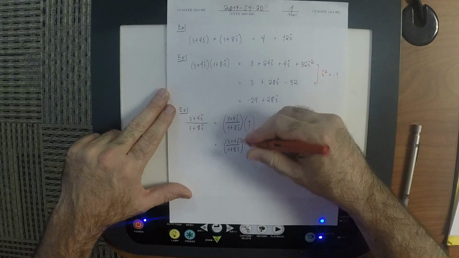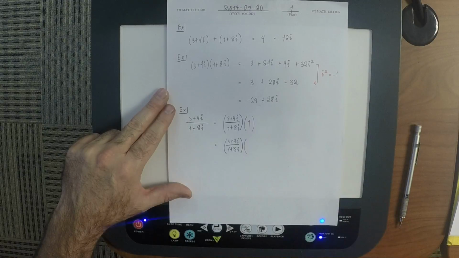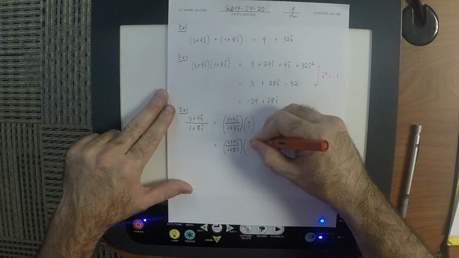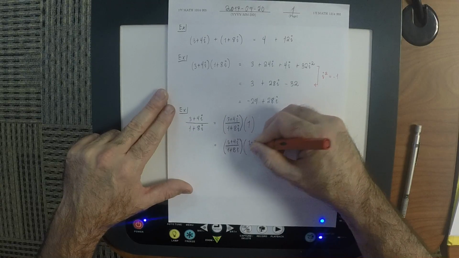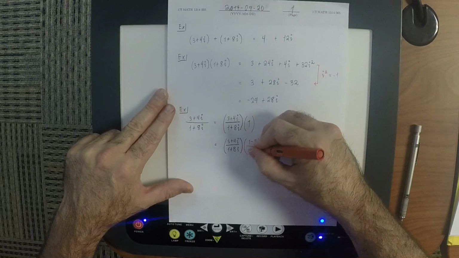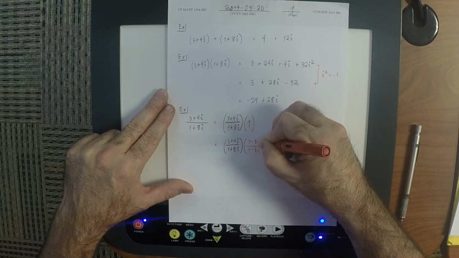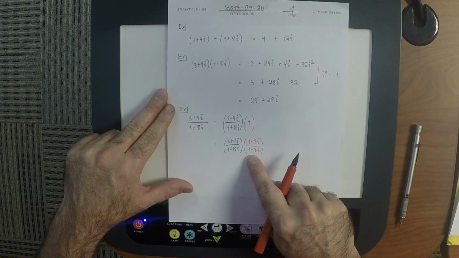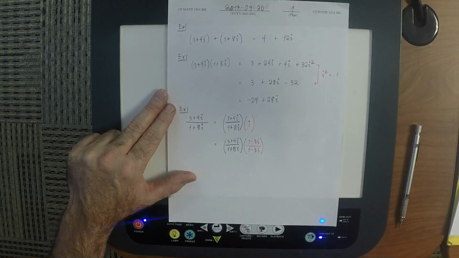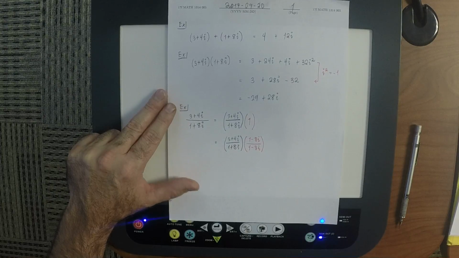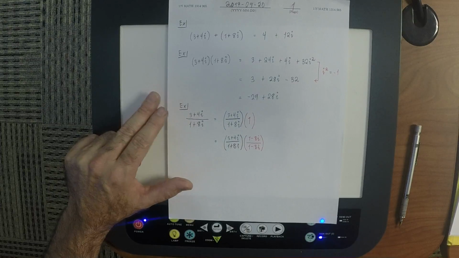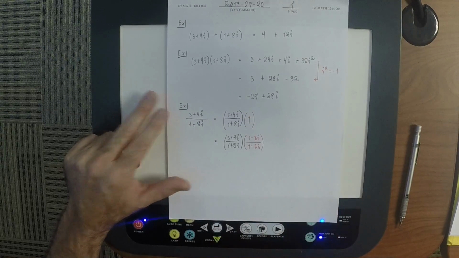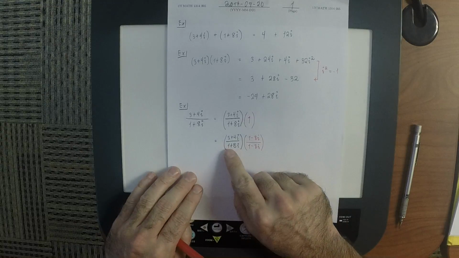So what are we going to multiply by? 1 minus 8i, and then over 1 minus 8i. So notice that that red bit is equal to 1, because it's the same complex number divided by the same complex number. And the reason why we selected 1 minus 8i is because it's the conjugate of this denominator.